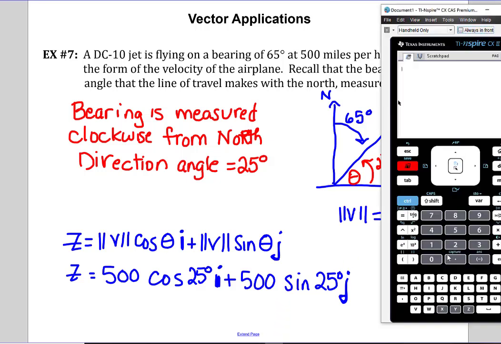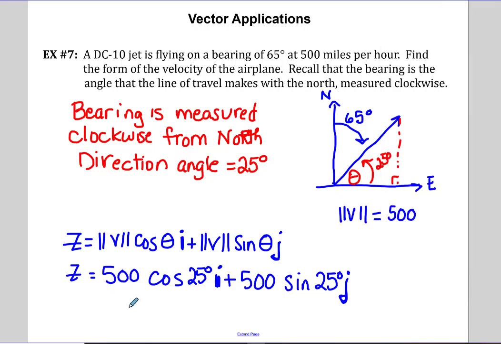So using our calculator, we can get some decimal approximations. 500 times cosine of 25 degrees is about 453.15.